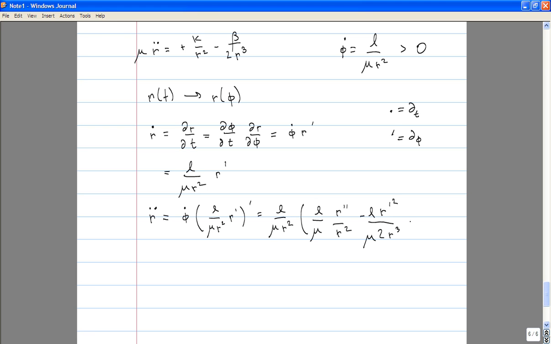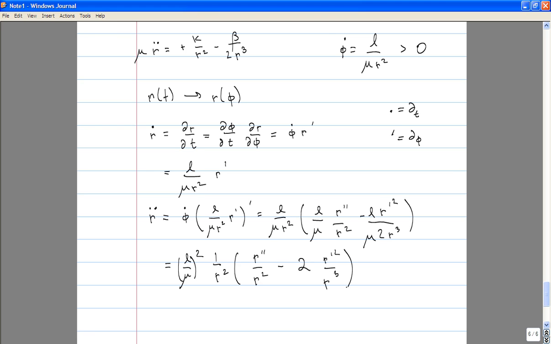So that is equal to L over mu squared times one over r squared, r double prime over r squared minus 2 r prime squared over r cubed.